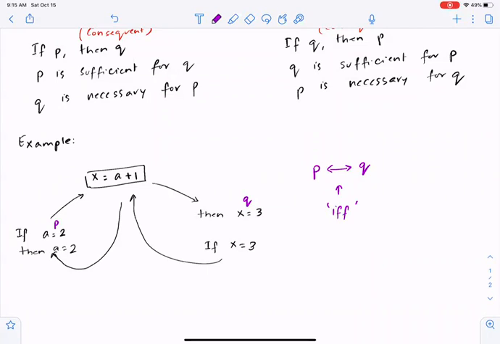But in this case, the reader will agree with me because I'm talking about that particular equation. That equation will satisfy what I wrote right here. So when we write a biconditional statement, the if-then has to work in both directions.